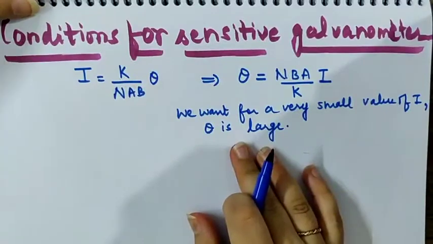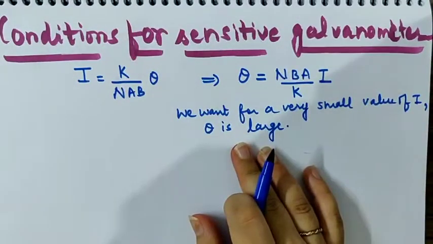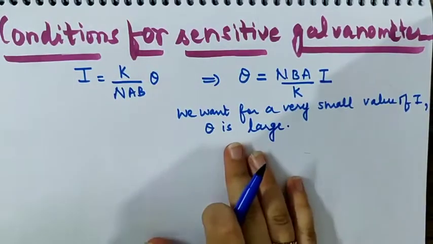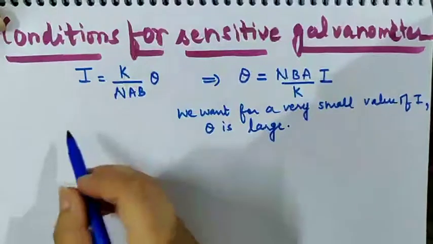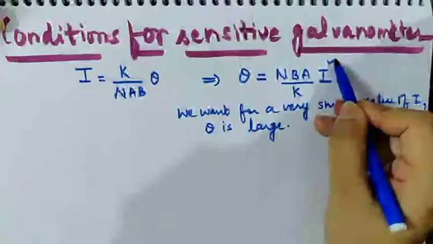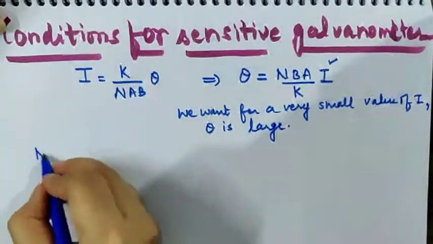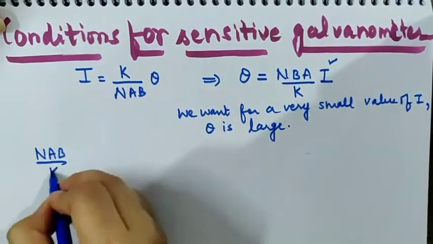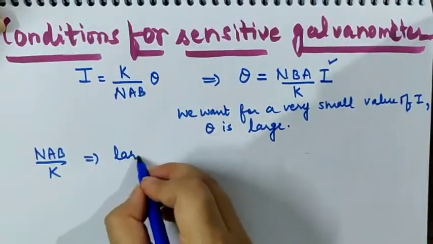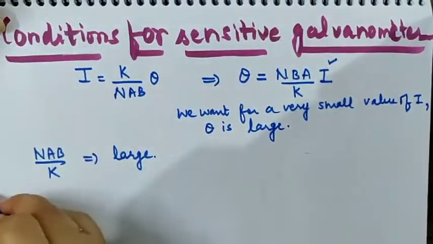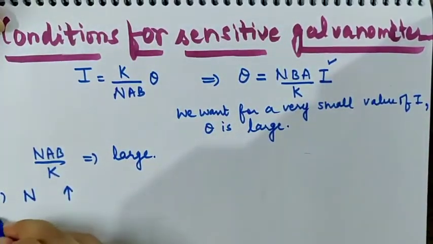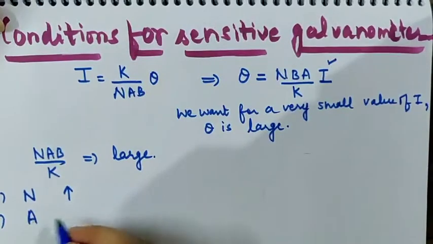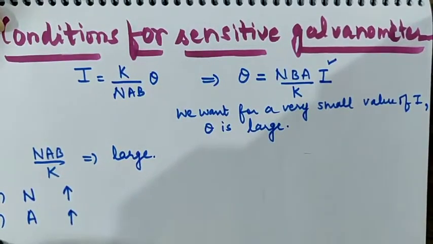If theta is large, it is very much evident to our eyes, and it is very much visible to us that we might see it with naked eyes. We want theta to be large. So if I is fixed and I want theta to be large, then NAB over K should be large. Meaning for this quantity to be large, number one, N, the number of turns, should be more. Number two, the area of the coil should be made more.